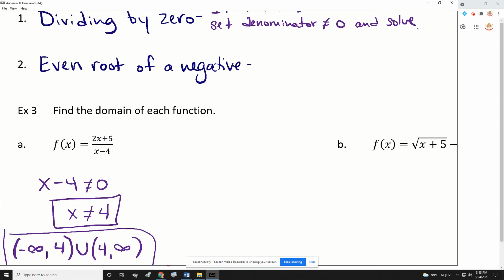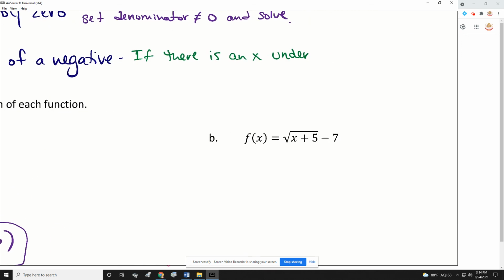So if there is an x under an even root, set the radicand, which is what is underneath the radical, greater than or equal to 0 and solve. So in this case, the radicand is x plus 5.